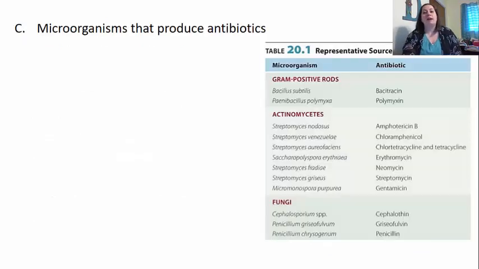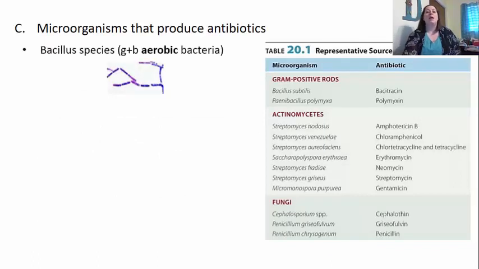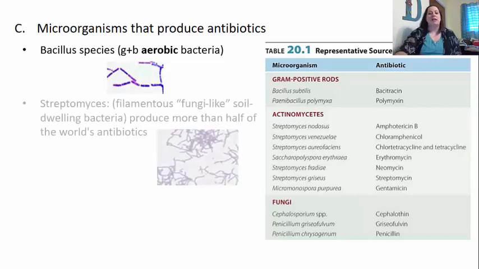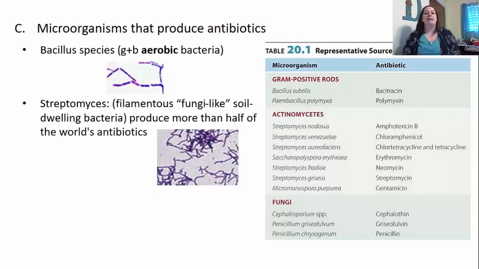Now, there are several types of microorganisms that do produce antibiotics. They are listed here in this table. Bacillus species can help. These are some gram-positive aerobic bacteria. They can make things like bacitracin, polymyxin. We also see that there's the streptomyces. These are filamentous fungus-like soil-dwelling bacteria. They produce more than half of the world's antibiotics.